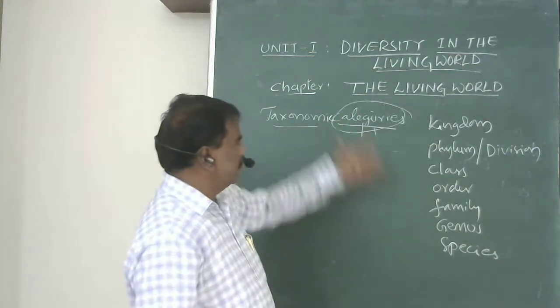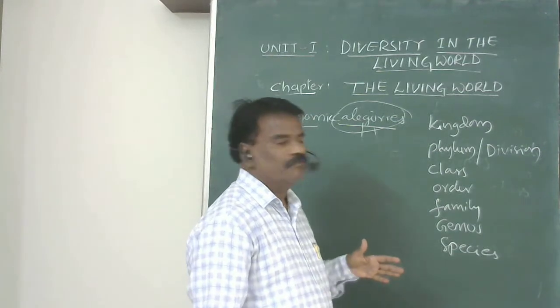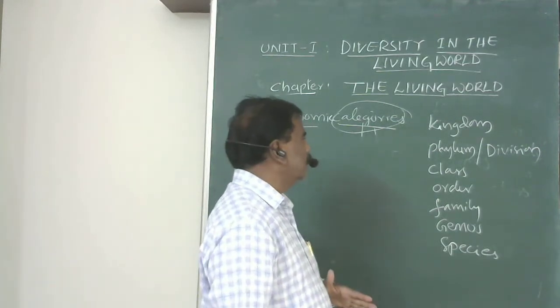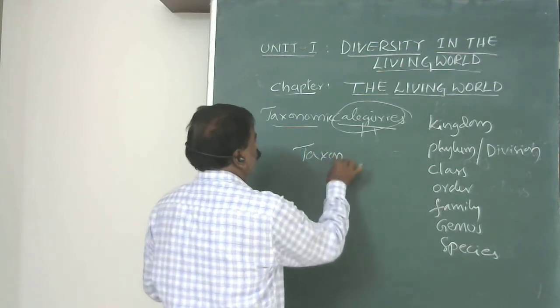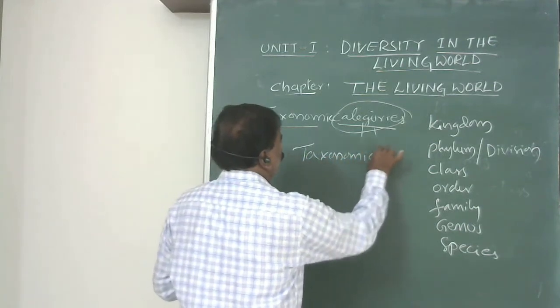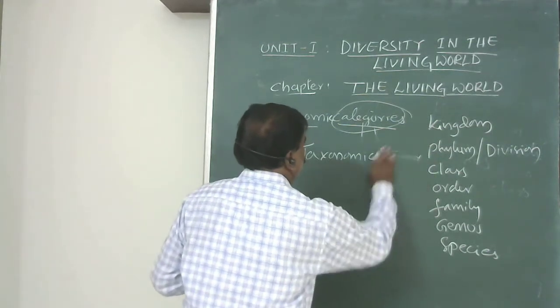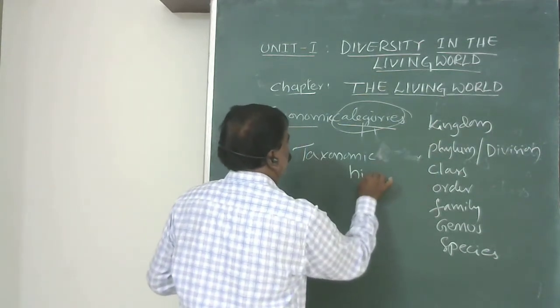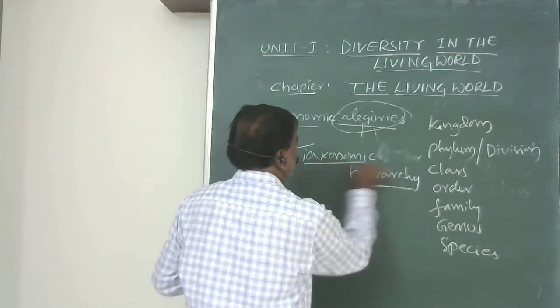So when we arrange all these categories in a proper manner, we call that the taxonomic hierarchy.